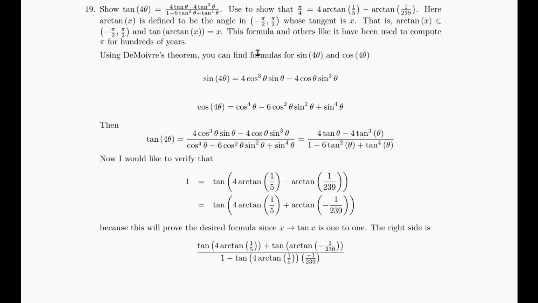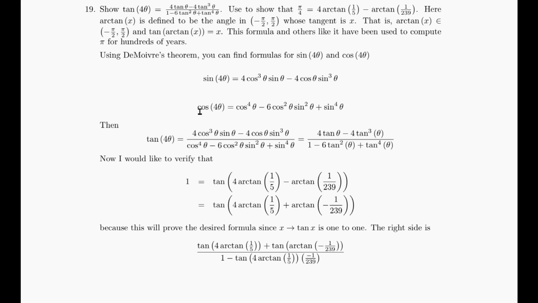All right, so how are we going to find this little formula here? Well, I'm going to use De Moivre's theorem. Sine of 4 theta is this, cosine of 4 theta is that. So what did I do? I looked at cosine of theta plus I sine of theta. I raised it to the fourth, multiplied it out, and took the stuff that sat next to the I, and that gave me this.